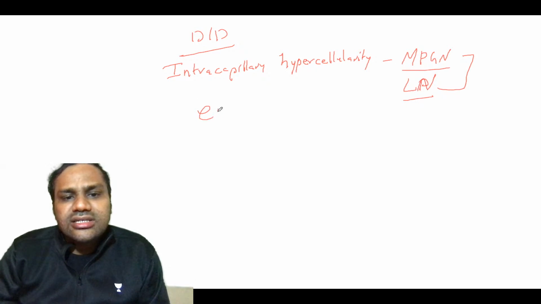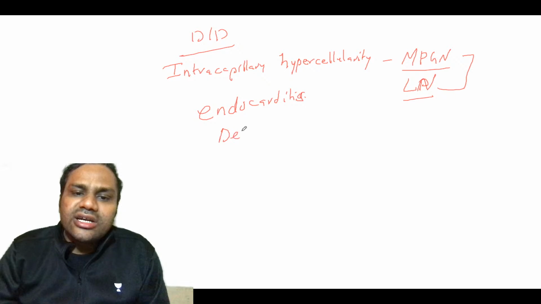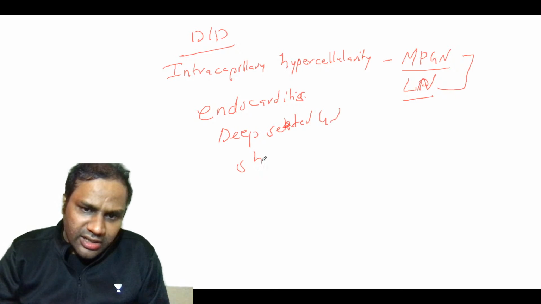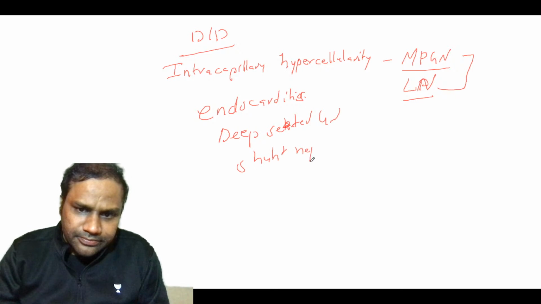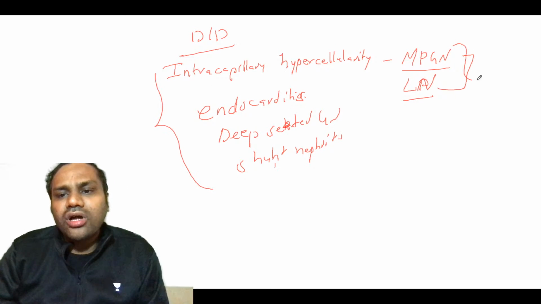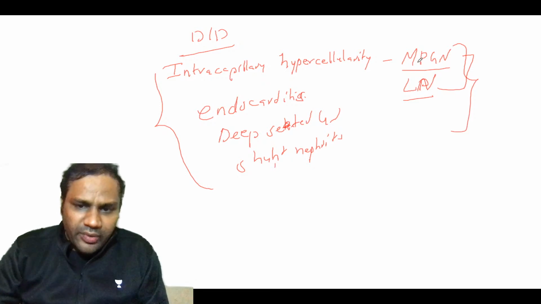You can also see it in endocarditis associated glomerulonephritis, deep seated glomerulonephritis, and shunt nephritis. These are some of the differential diagnoses of post streptococcal glomerulonephritis.